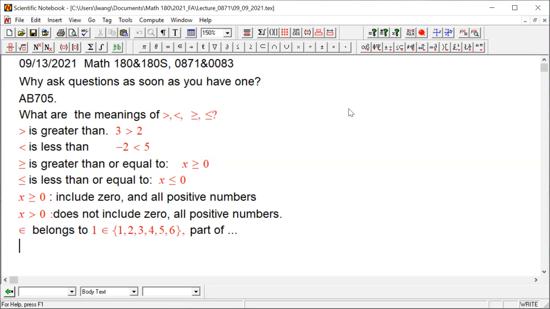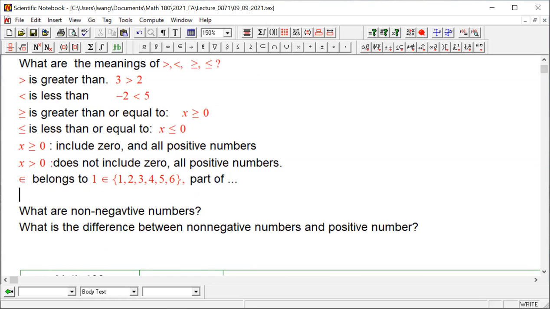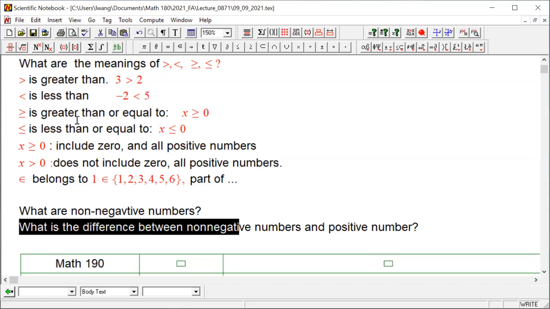Okay? That's about one of these questions we encountered over the weekend, which I think is paramount. We need to clarify that. We need to make sure you know it. The other question we encountered last weekend is, what are non-negative numbers? What is the difference between non-negative numbers and positive numbers? So here we already answered, right?